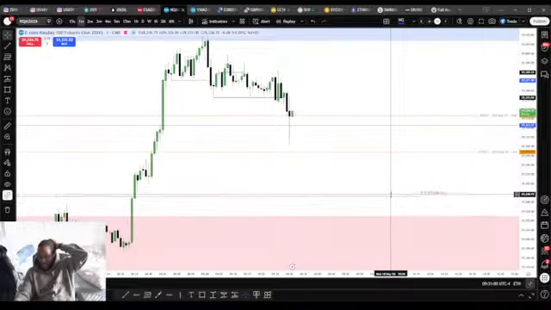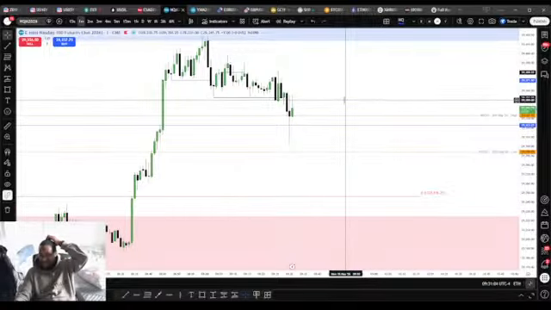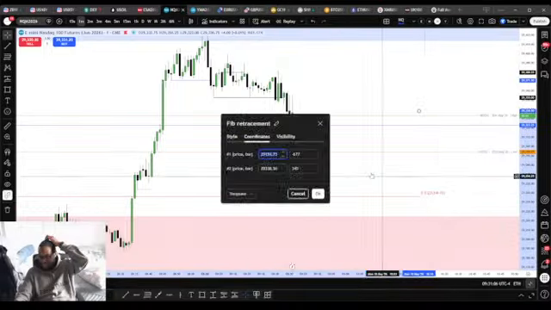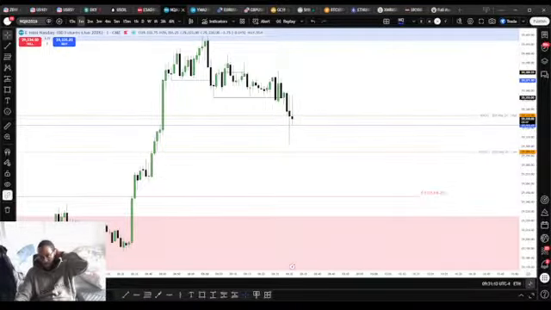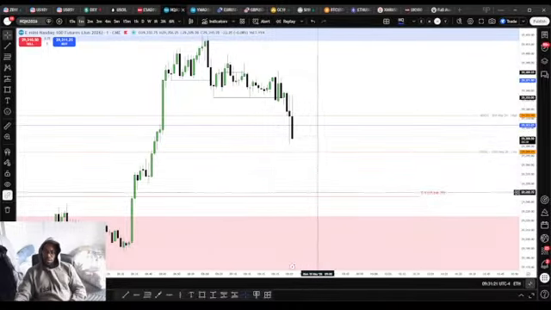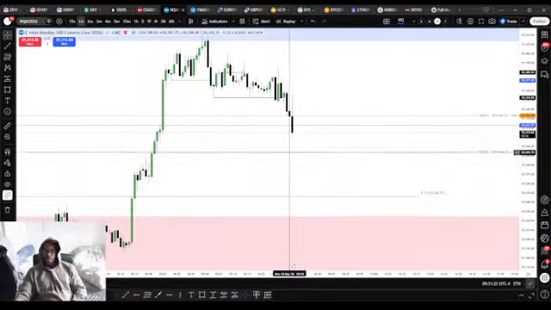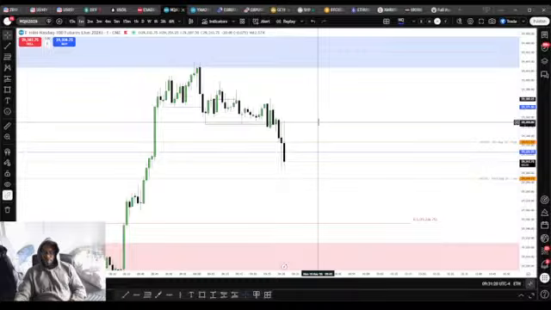Regular trading hours gap at 246. I do believe there's a high chance for us to drop down into this area than for us to take out those highs first. Highs taken.